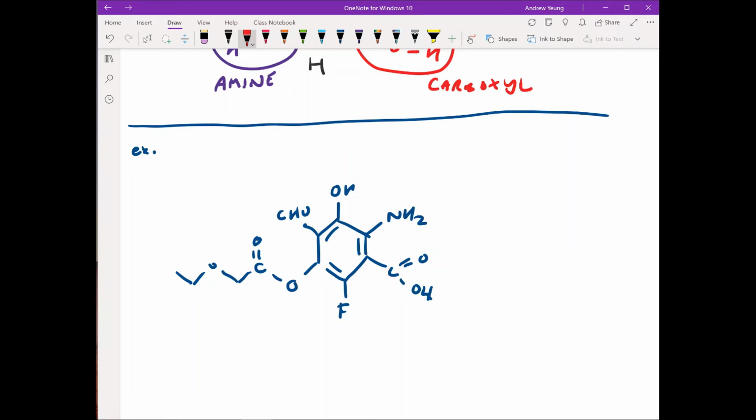And depending on where these functionalities are, we actually have a lot of control over how this molecule behaves. Okay, so take a second looking at a molecule like that. See if you can go through and label the different functionalities, and you can check your work with me afterwards. We'll end off with this. Okay.